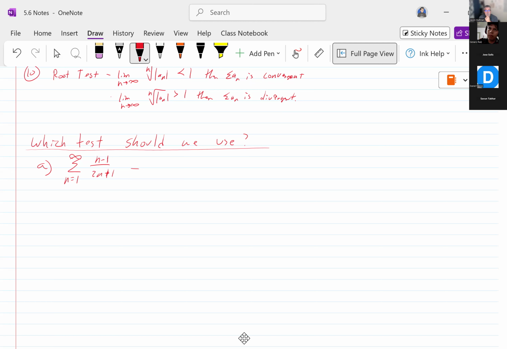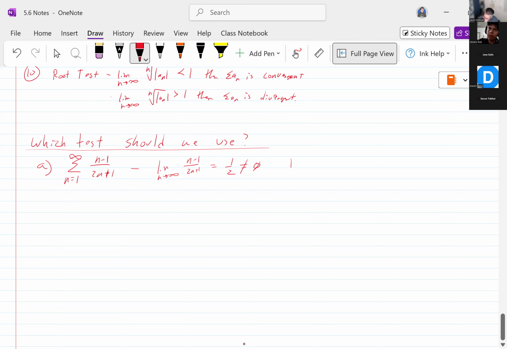Yeah, this one's not as straightforward, but if we took the limit as n goes to infinity of a sub n, we would get 1/2, which is not equal to 0. And so what does that tell me?